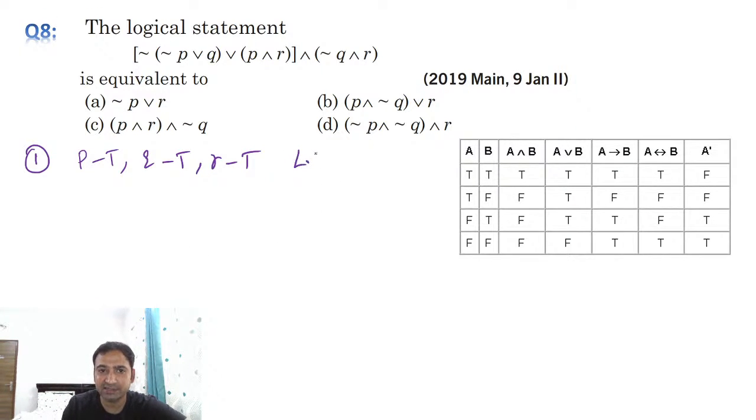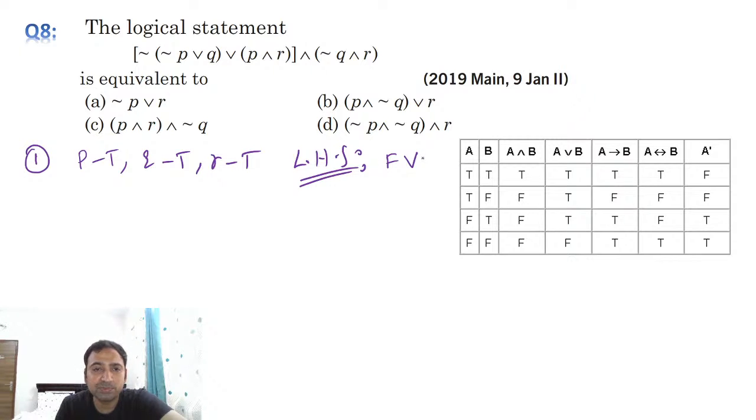Let's see what we get. Left hand side. So tell me, guys. Negation of P, that is false. False or true is equal to true only. Negation of true is equal to false. This is what we're getting.